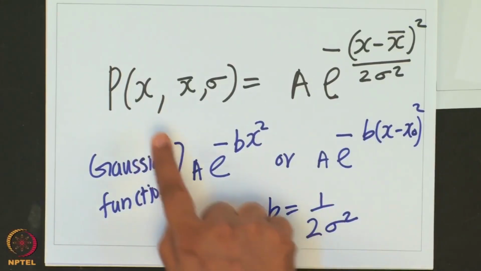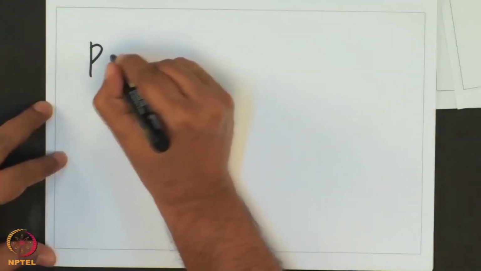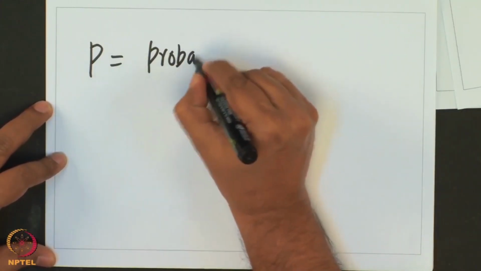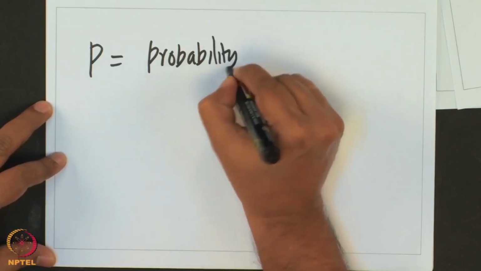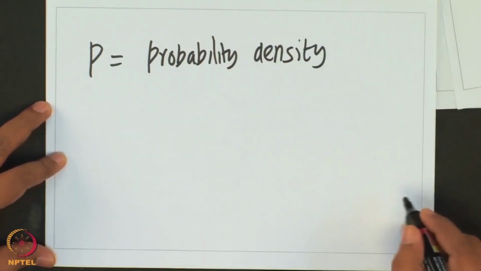Now let us make a statement for p. What precisely does the p mean? The p is nothing but probability density. Why do we call it probability density?